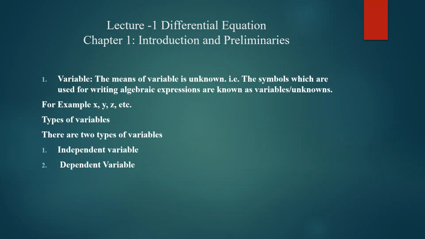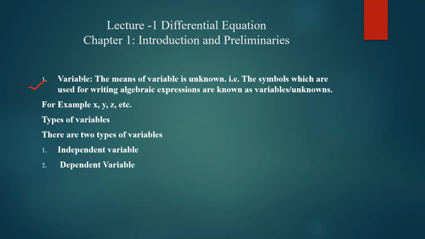In this chapter, the first concept is variable. First of all, you need to know what is variable. Variable means unknowns. It means we don't know the exact value of that. So the symbols which are used for writing algebraic expressions are known as variables or unknowns.